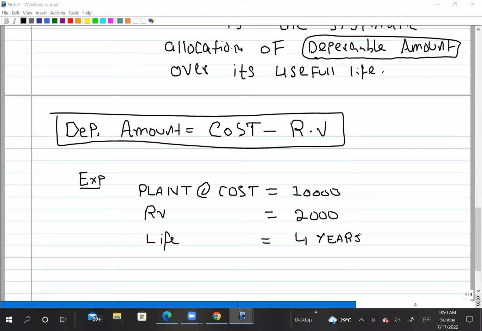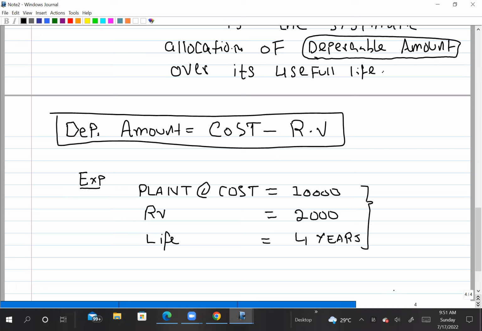Yes, 8,000 is the depreciable amount, and this amount will be allocated over the useful life on a systematic basis. Systematic basis means that the depreciation method should be one which shows the pattern of benefit.